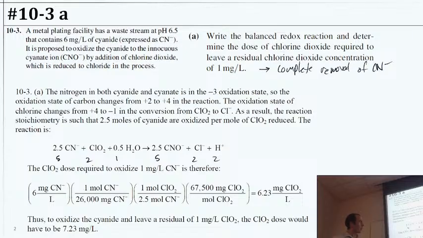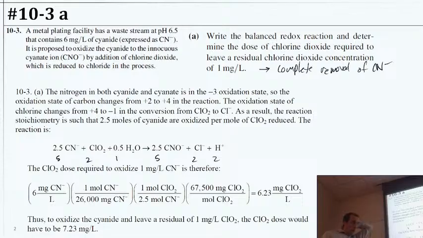Anyway, we're going to just follow their problem here. I don't know why they are writing 1. This makes no sense to me because this is what they're checking. Anyway, 6 milligrams per liter of CN-. Do these conversions, we get 6.23 milligrams per liter of chlorine dioxide.